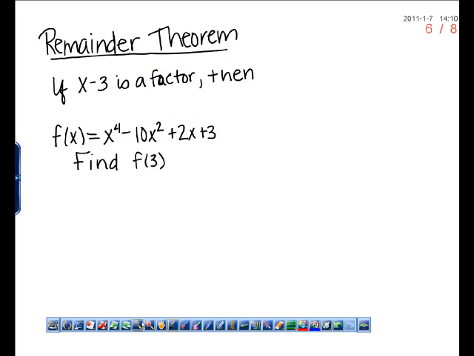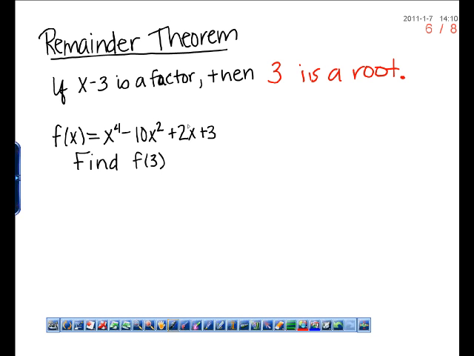3. If x minus 3 is a factor, then we know that 3 is a root. This f of x that I have written down right here, that's the same as what we did just before. Okay?